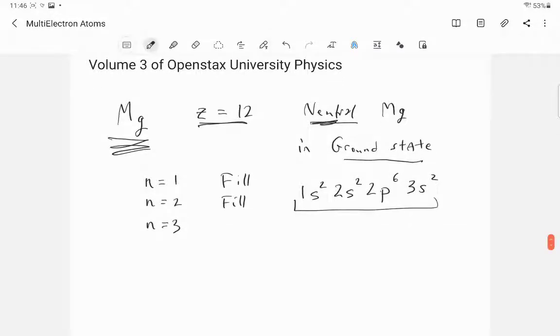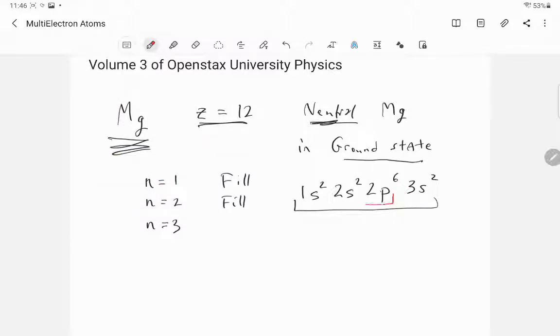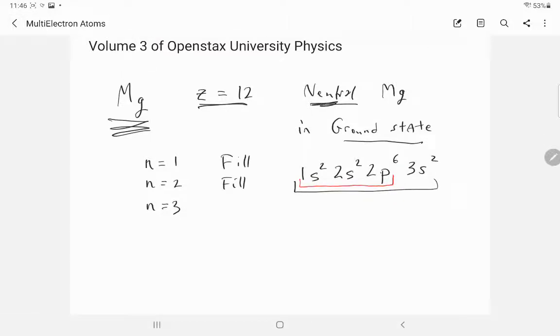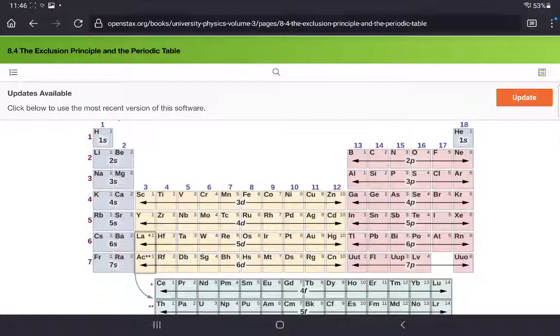So what I think is kind of cool about this is, check this out. I'm going to isolate this stuff in red. So you see it's 1s2, 2s2, 2p6. Let's look at what's in red in the textbook. So in the textbook, manganese, remember, is the third row.